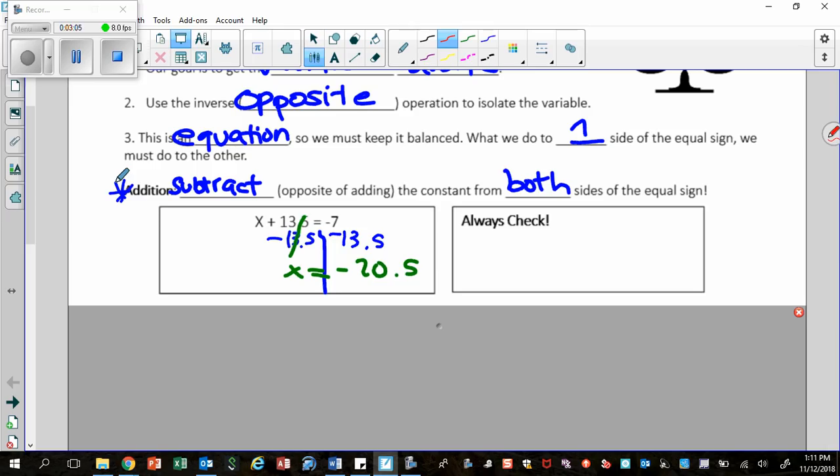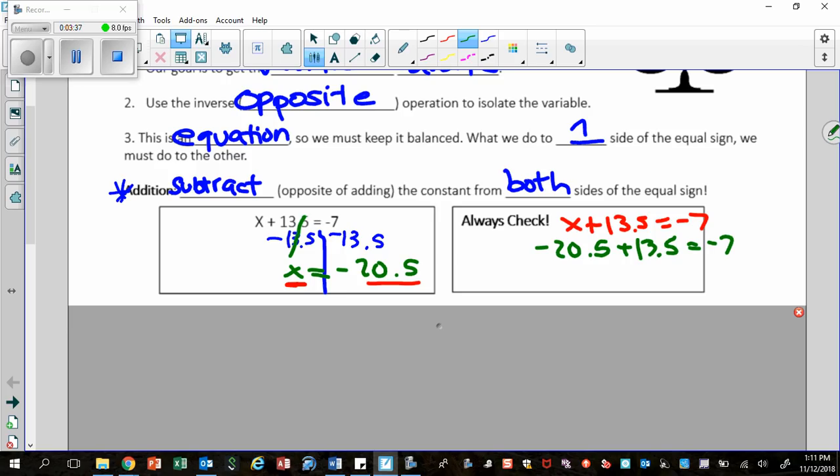Now, in order to check, all you have to do is substitute what you got for x, so negative 20.5, back into the original equation. It's like what we've been doing. We've been evaluating expressions by plugging in values for variables. So this is my original, x plus 13.5 equals negative 7. We're going to plug in negative 20.5 since we know that that is x, plus 13.5, and see what we get.